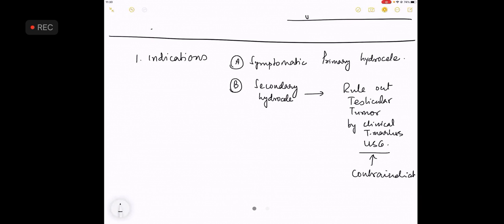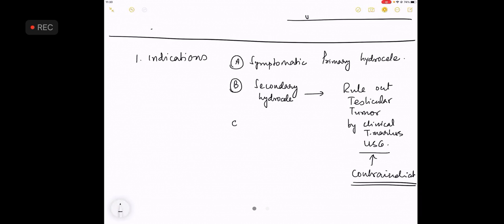This is the only contraindication that you have to know. Apart from coagulopathies, etc., that are not major, in an MBBS exam, if the examiner asks you when not to do a hydrocele operation, it is in a patient with a suspected testicular tumor. Do not do a hydrocele operation.